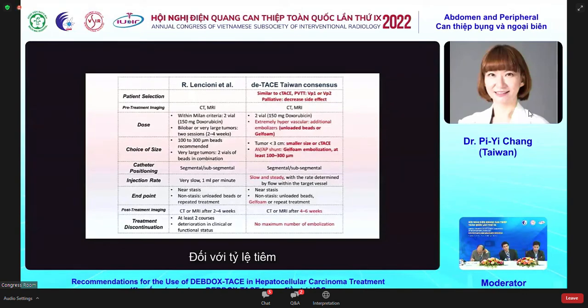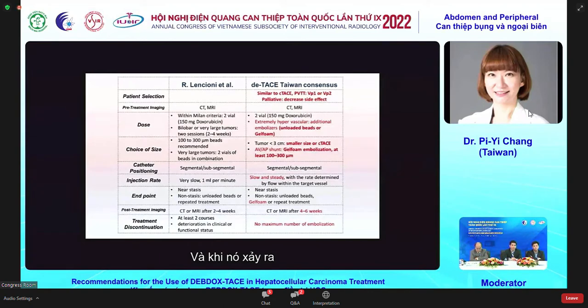For the injection rate, we should inject it in a slow and steady manner. The rate is determined by the flow within the target vessel. For the endpoint, it's also the same, near stasis, but sometimes when it's not possible to reach near stasis, there will be a non-stasis situation.